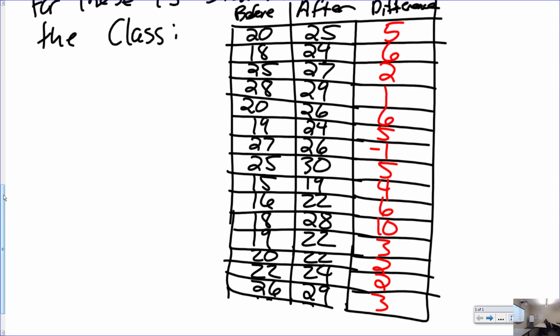The key to solving these problems, or coming up with a confidence interval for the true difference, is that we are going to work off of this difference data instead of the actual hardcore data.